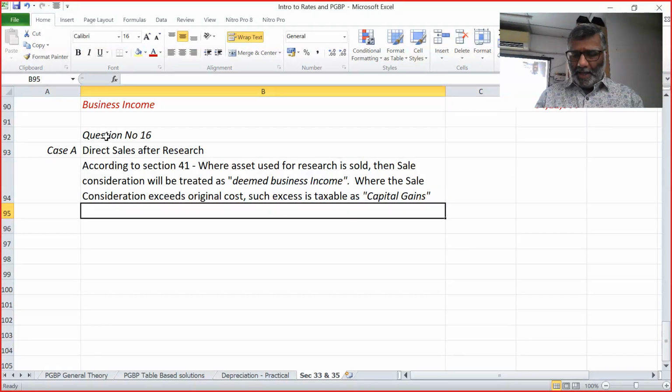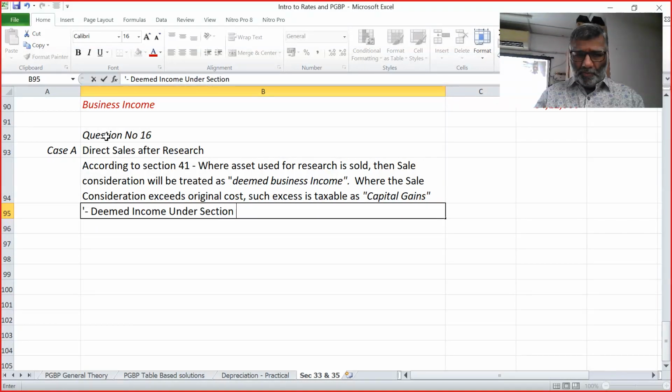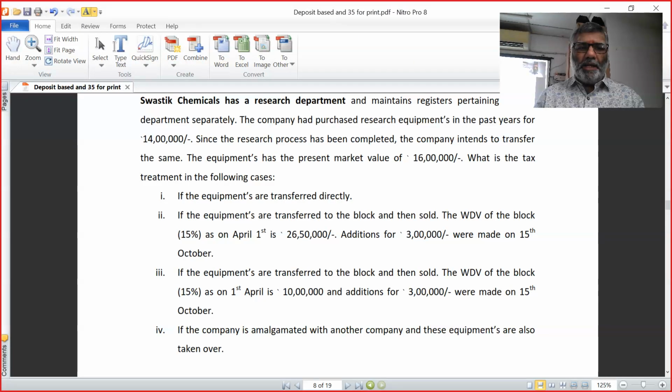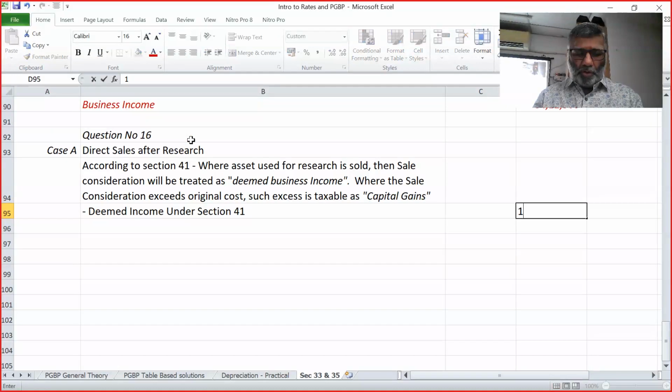Now, in this case, deemed income under section 41, business, will be 14 lakhs, that is the original cost of the machinery.